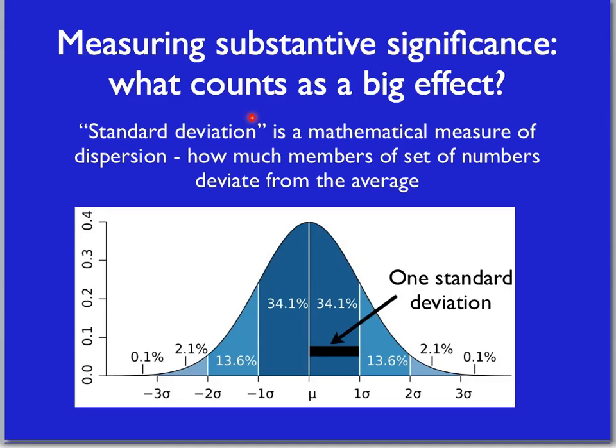Suppose you were to flip a coin 100 times and count the number of times it came up heads. And then you did that over and over and over again and plotted the number of heads that came up. Well, you would have a small number of cases where heads came up, not very much, say 30 times.